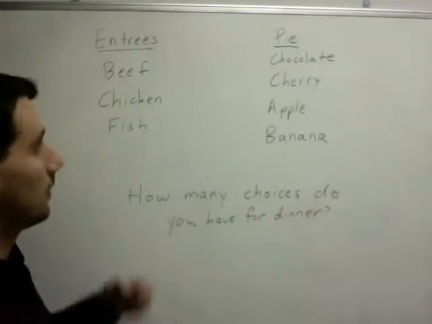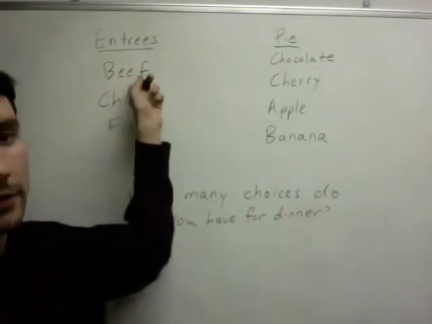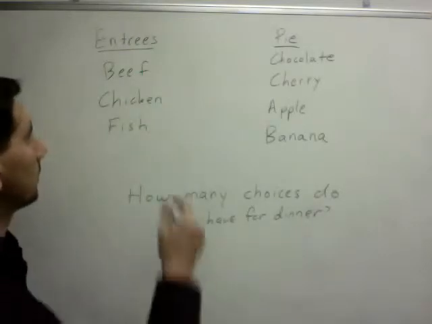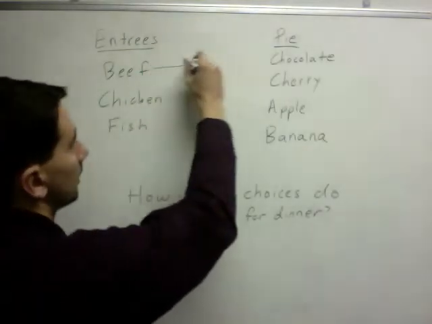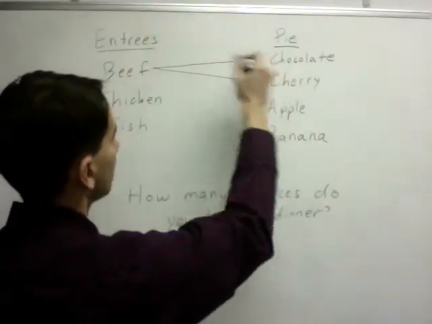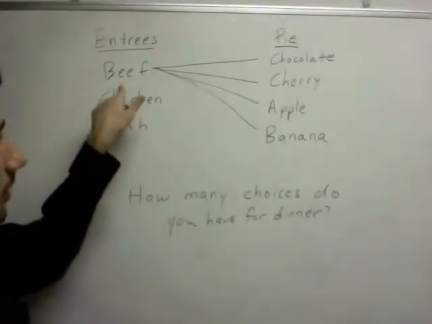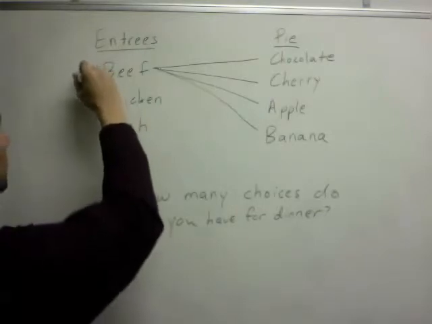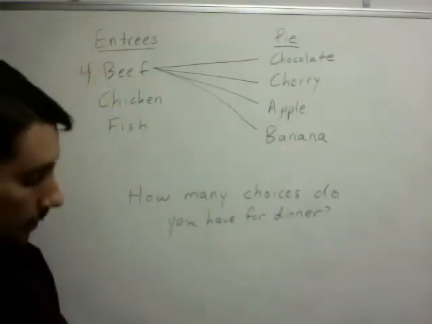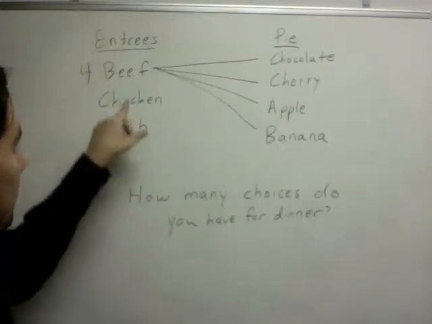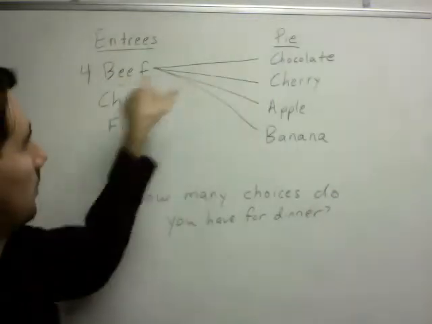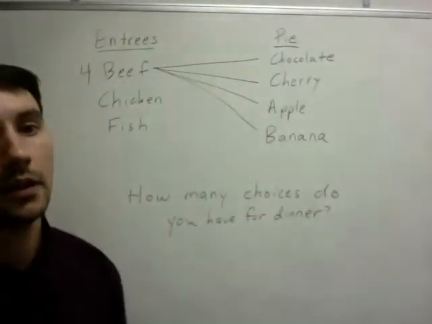Well, say you choose beef for an entree. With beef you can get chocolate, cherry, apple, or banana. So once you've chosen beef, you still have 4 choices total for a dinner: beef chocolate, beef cherry, beef apple, beef banana.